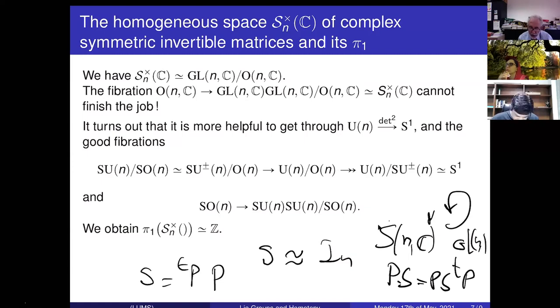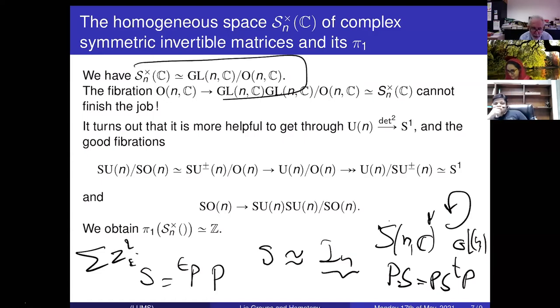We know that any non-degenerate quadratic form on C is equivalent to the standard one, and from this we can get this equality. SnC is homeomorphic to GLnC over OnC. I apply, of course, the theorem on group action. We have all the conditions to have this homeomorphism.